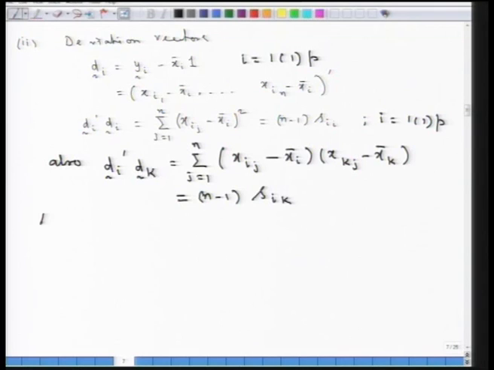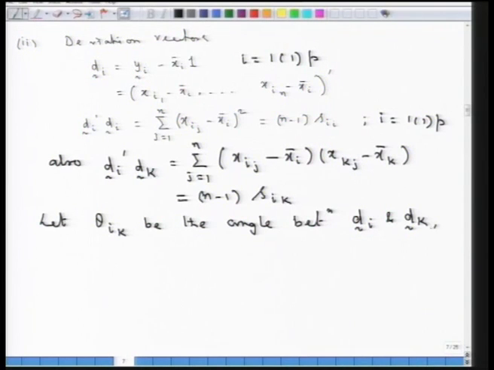Let us also now look at the angle between these two deviation vectors. Let theta_ik be the angle between d_i, the deviation vector for the ith variable, and d_k, the deviation vector corresponding to the kth variable.